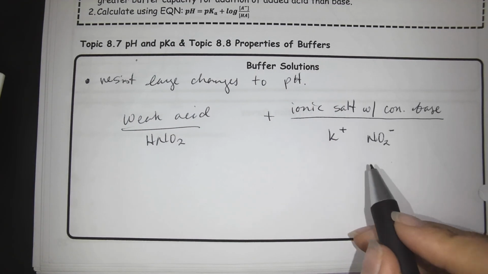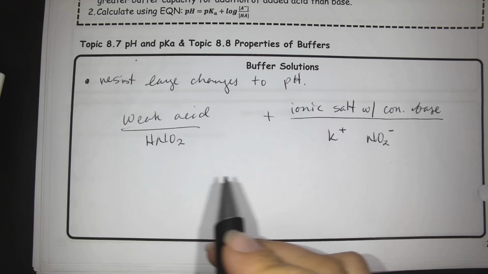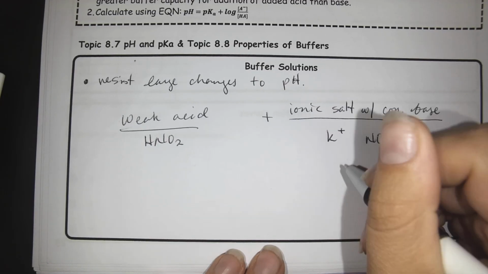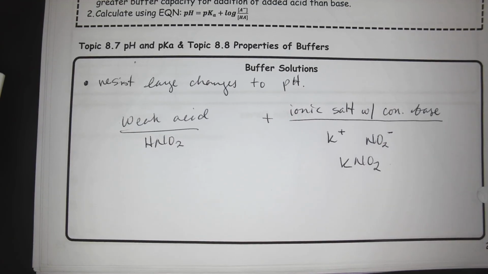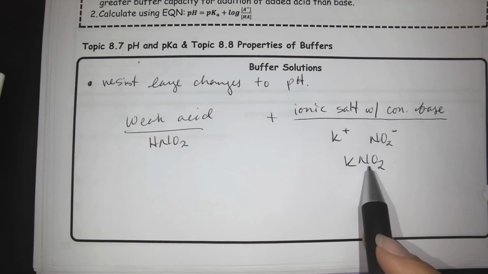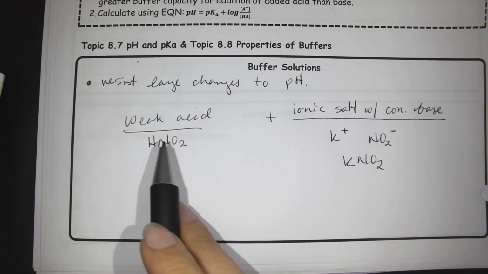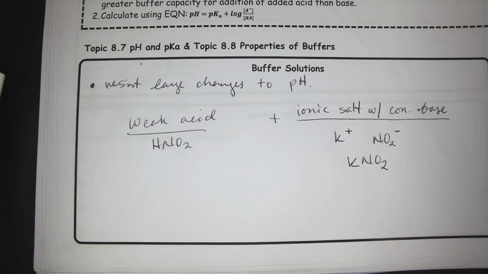If that was with NO2 minus, the conjugate base of this acid, then it would make KNO2. There's an ionic salt that has the conjugate base of this acid. So those two solutions combined would be a buffer solution.